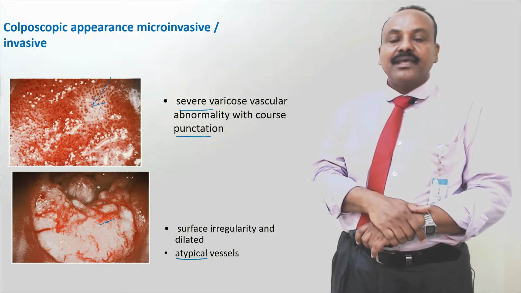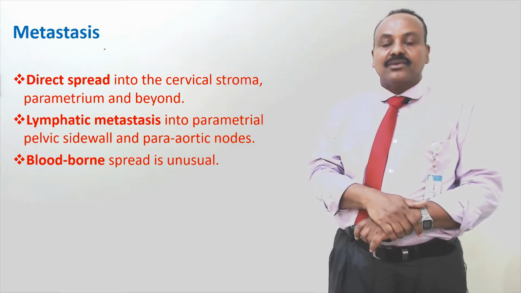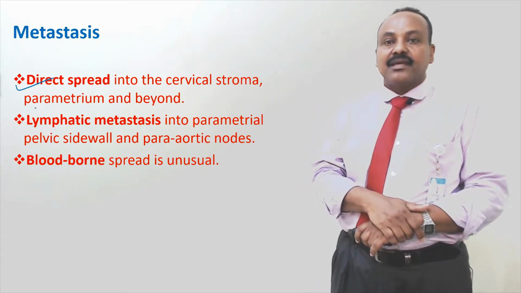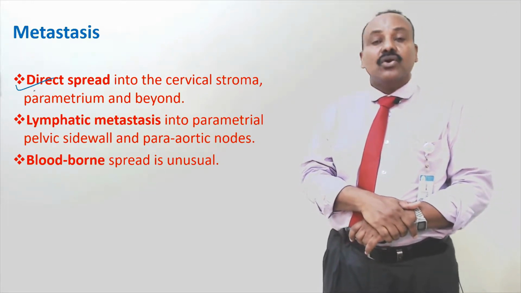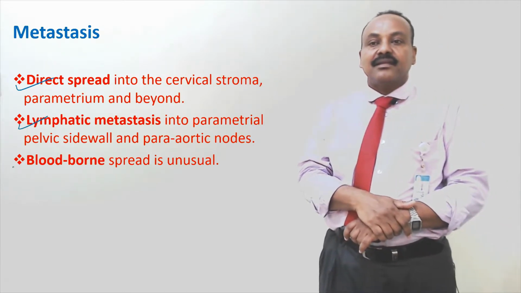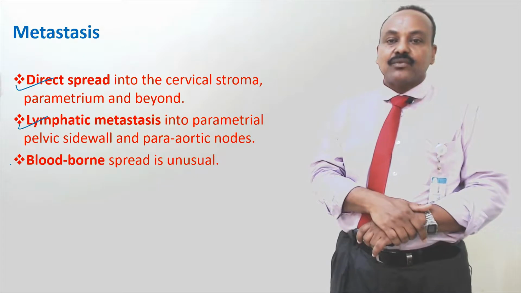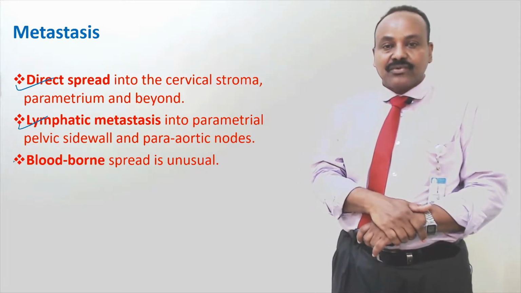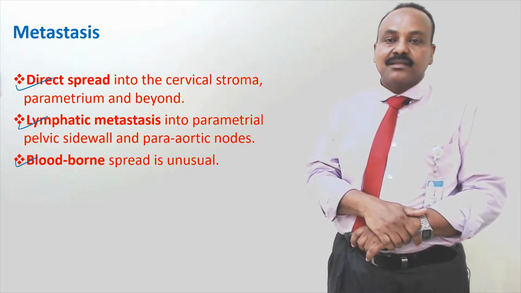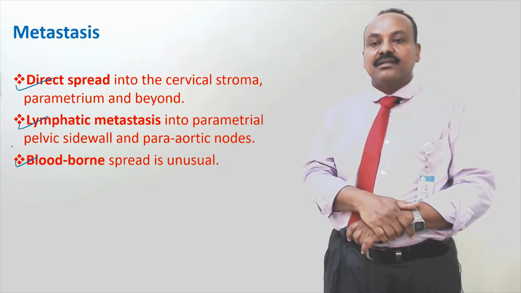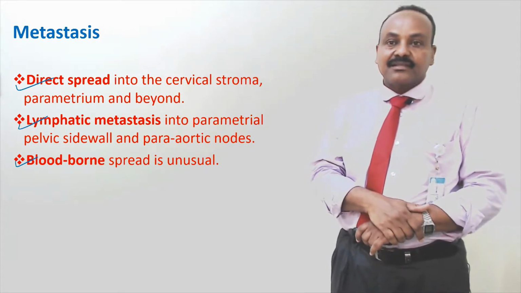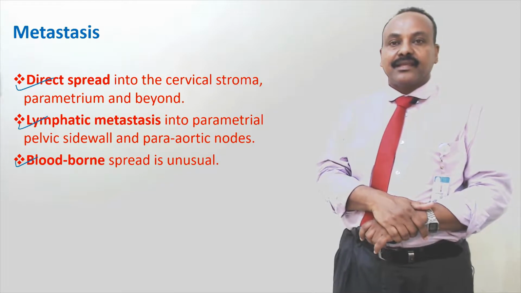Metastasis occurs either by direct spread to distant tissue, as I told before, cervical stroma and parametrium and beyond. Or spread can also occur by lymphatics, to the pelvic side wall lymph nodes and para-aortic lymph nodes, and also spread can occur by blood to distant organs. But fortunately, spread by blood in cervical cancer is unusual and rare.